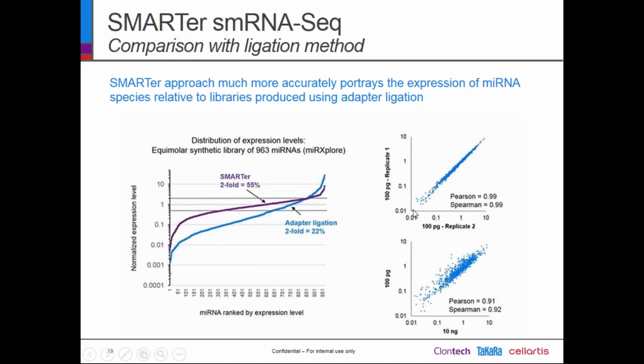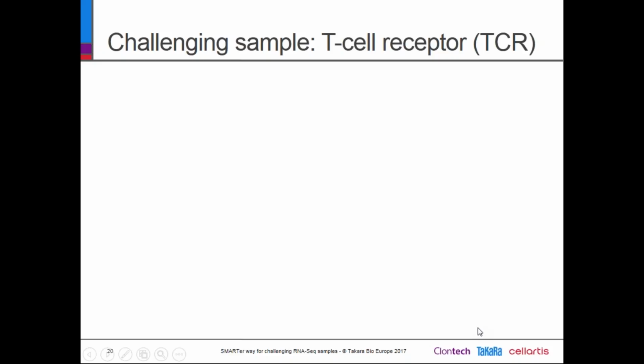Again, we are measuring the reproducibility here between two replicates, 100 picogram here, but even between a tenfold difference of input amount when we compare here 100 picogram to 10 nanogram.